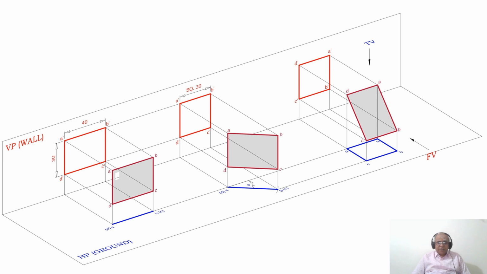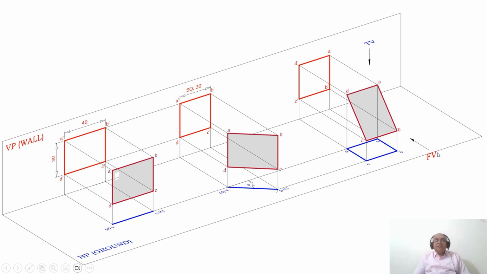Since it is inclined to HP, it should be parallel to HP, and only then will it be perpendicular. Once it becomes perpendicular to VP, you must get a point in the vertical plane. If it is parallel to VP and perpendicular to HP, then in HP you must get a point.